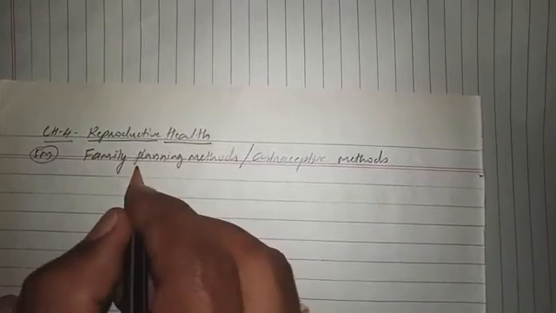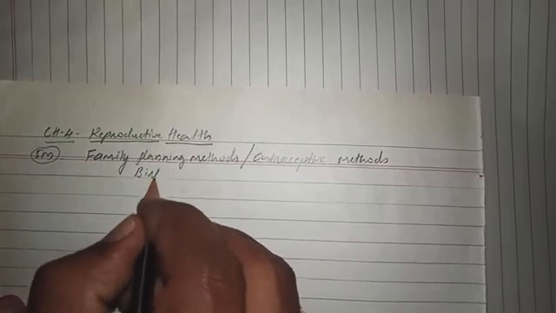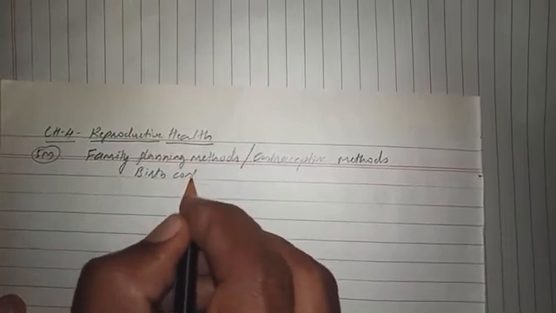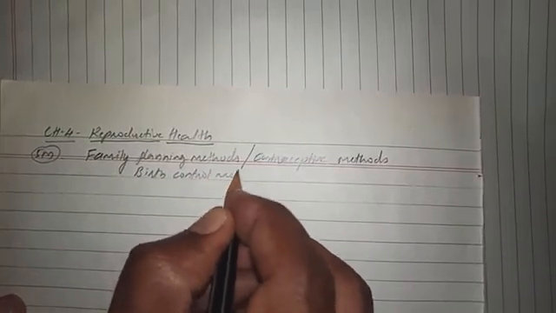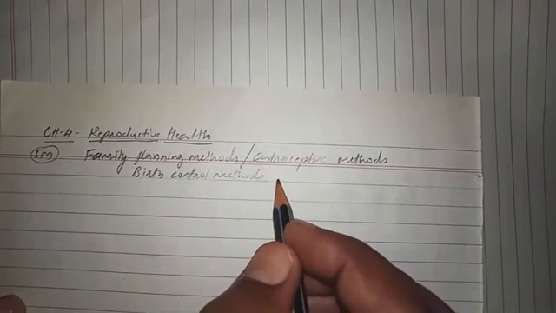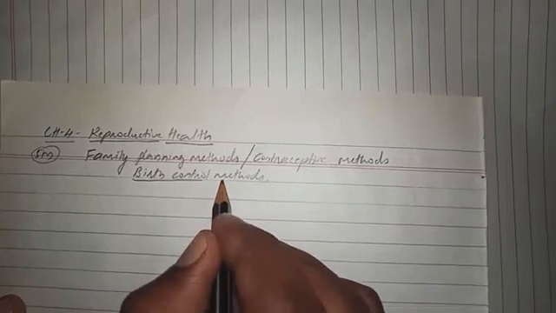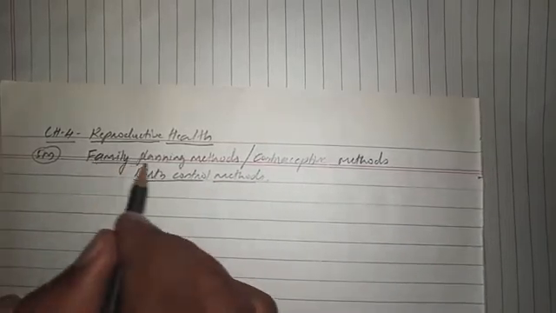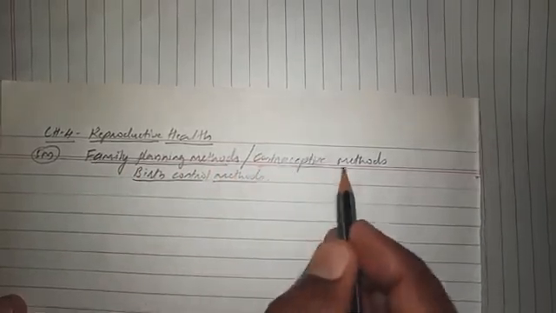Even birth control methods are also called by this name. So we also refer to it as birth control methods, family planning methods, contraceptive methods, or birth control methods. And even fertility control also.